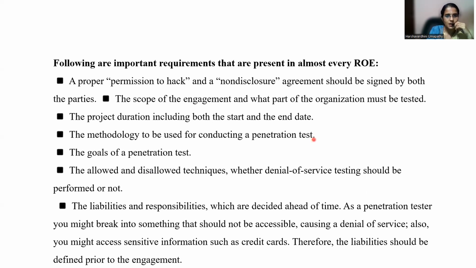Then the methods to be applied in conducting a penetration test. Then the goals of the penetration test. Then the techniques, or whether any DOS method is to be applied. All those things must be provided in the rules of engagement. And the last one is the liabilities and responsibilities, which should be signed by the penetration tester and the organization before starting the engagement process.